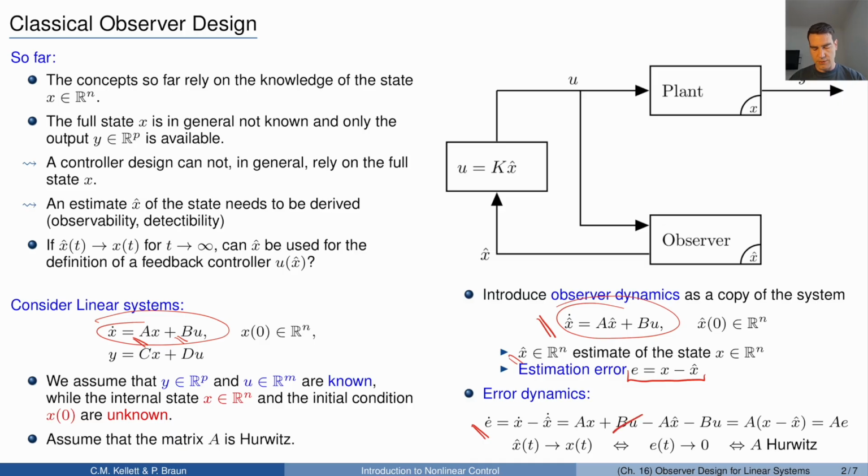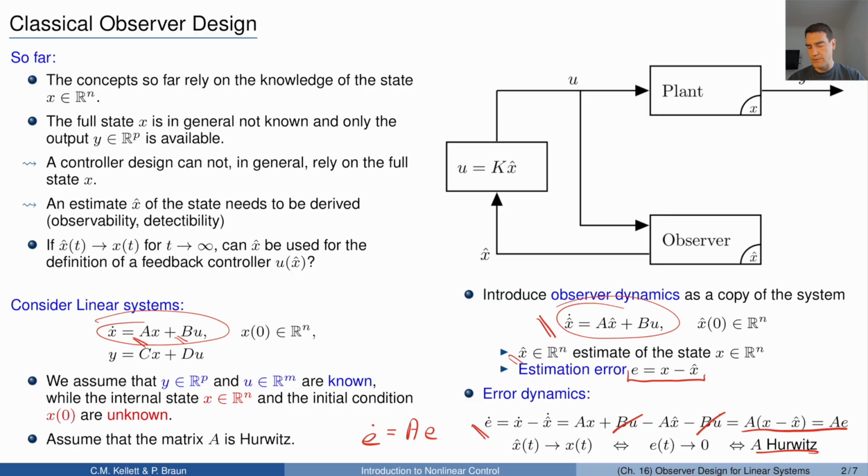Namely, we can observe that the input doesn't play a role here, and we are left with the dynamics e dot is equal to A times e, which tells us now how to check convergence of the error variable.